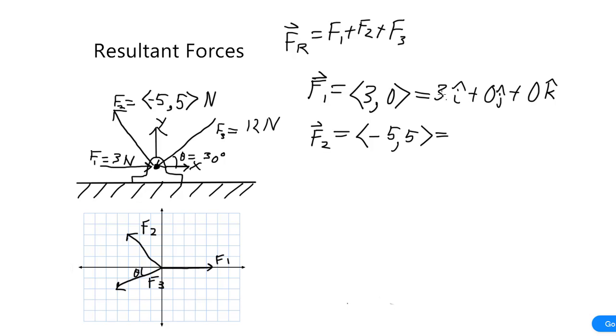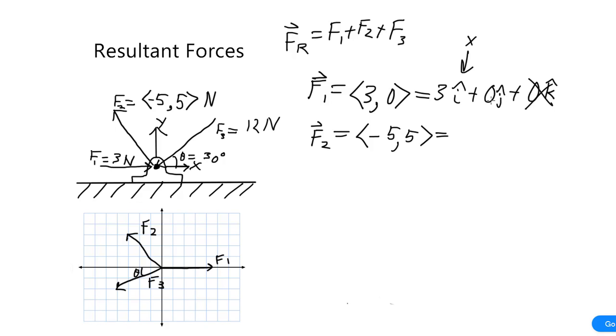Technically, it's in 2D, so you can almost ignore this. But really, all this means is that i hat is the unit vector in the x direction.